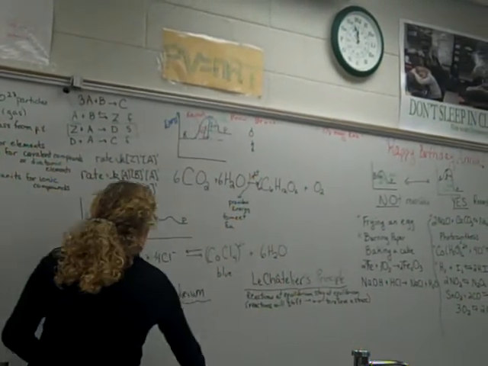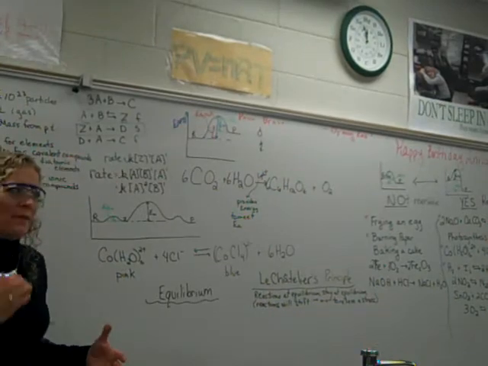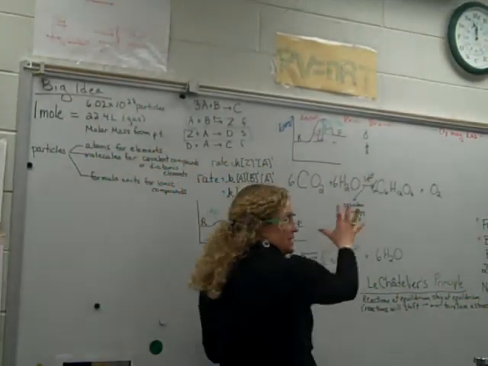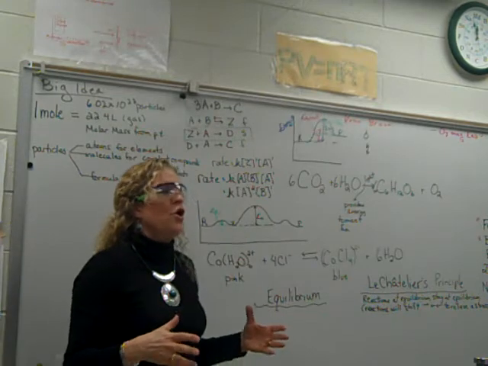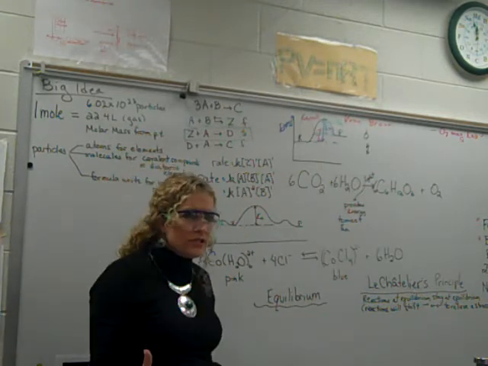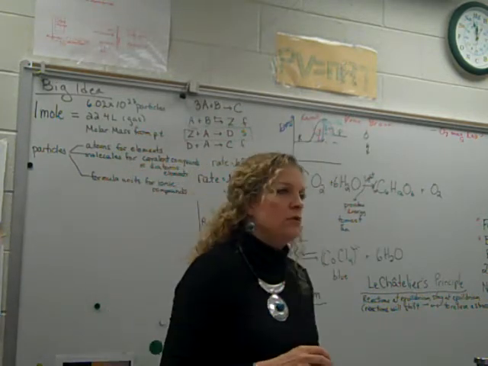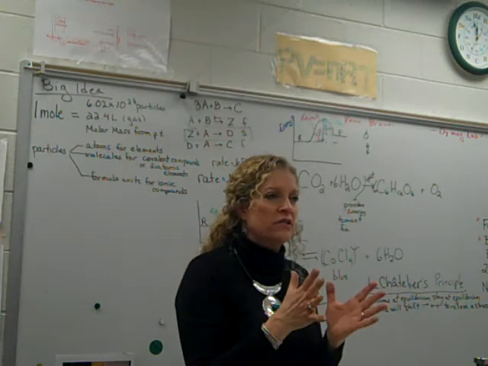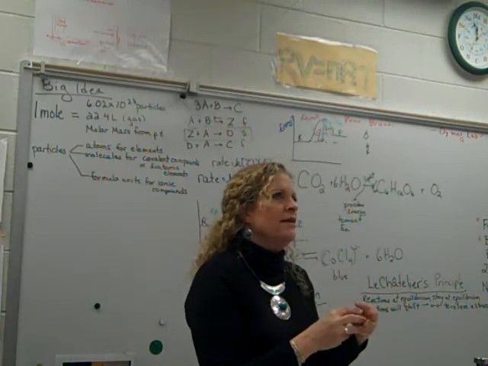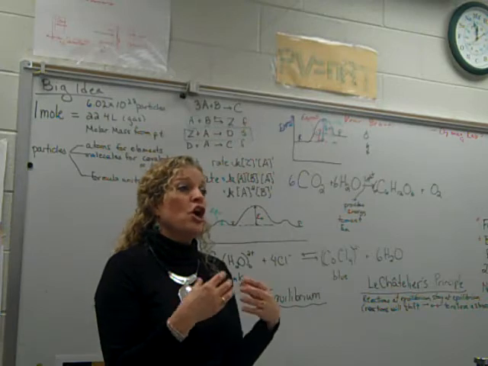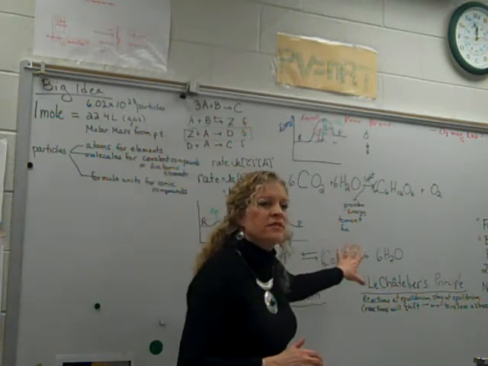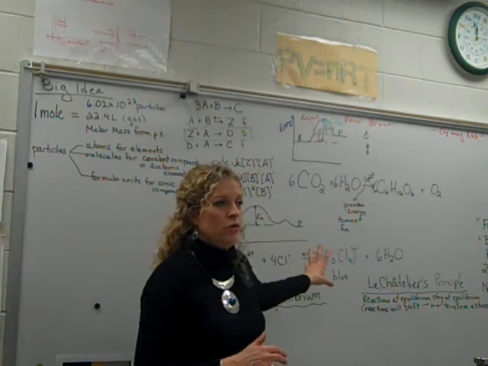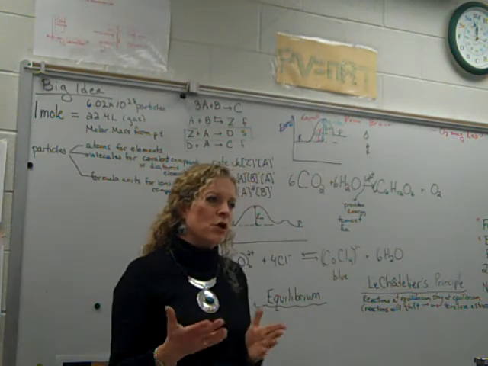Okay? And what is equal about equilibrium is not necessarily these amounts. The amounts really can change. What Le Chatelier and other scientists that started studying equilibrium and reversible reactions discovered is that there is this constant. If you put your reactants and products in a certain ratio, you will always get the same constant.